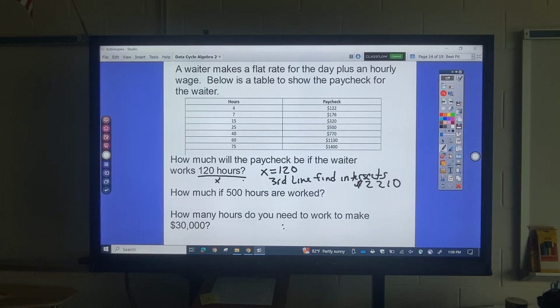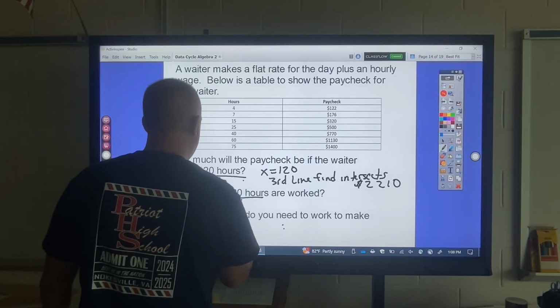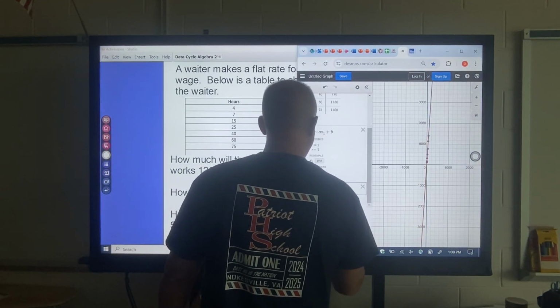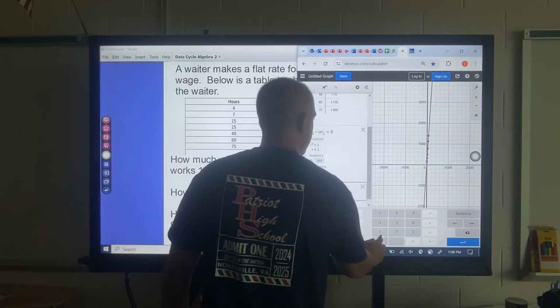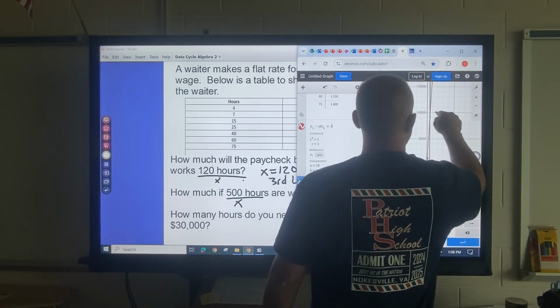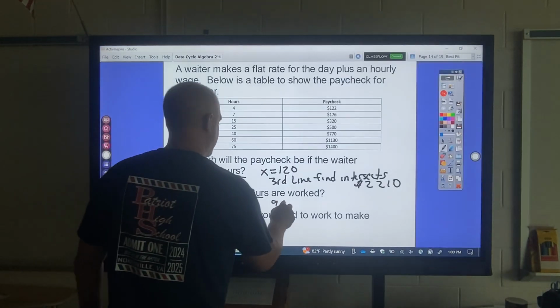That's how simple this is. How much would it be if you worked 500 hours, where 500 is the X? I don't need to delete it all. I just go X equals 500, and I want to find where that intersects. That intersects right there at $9,050.